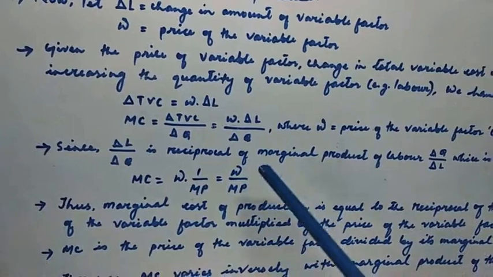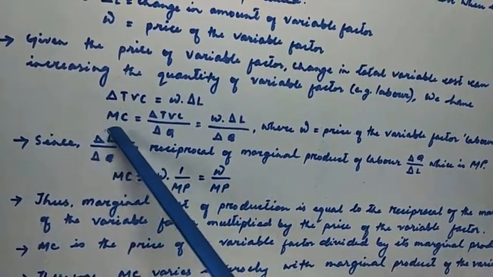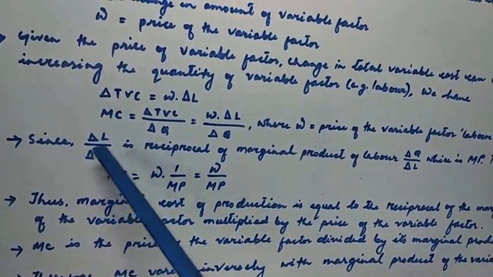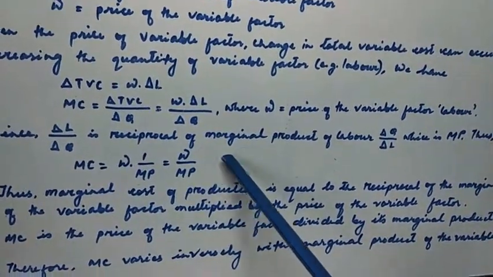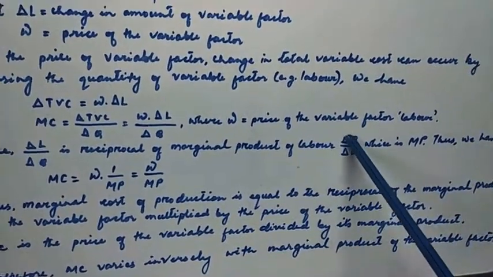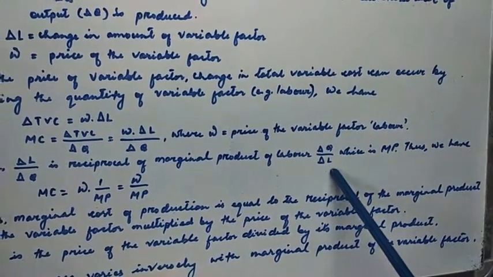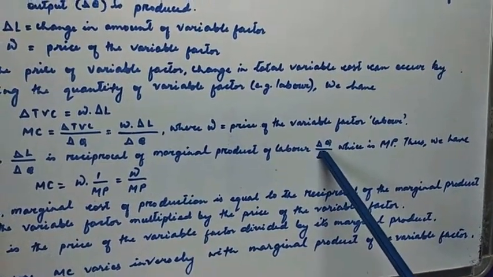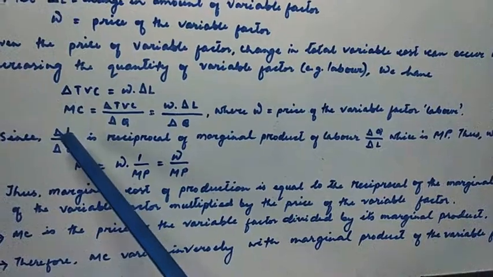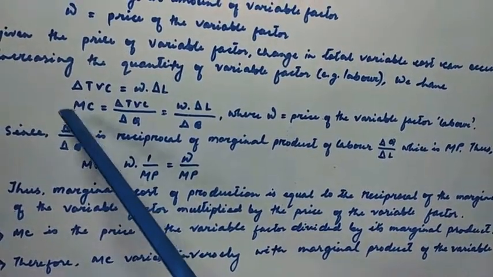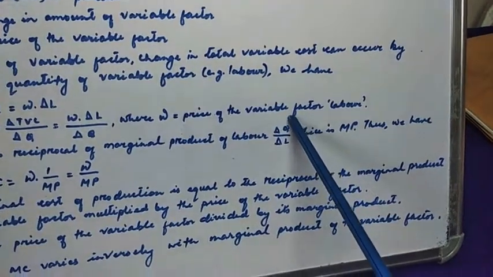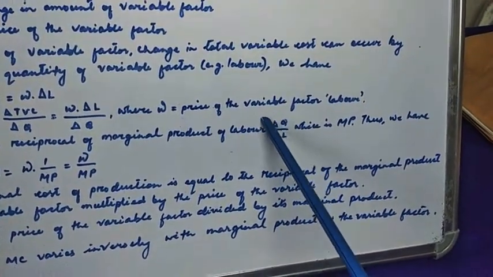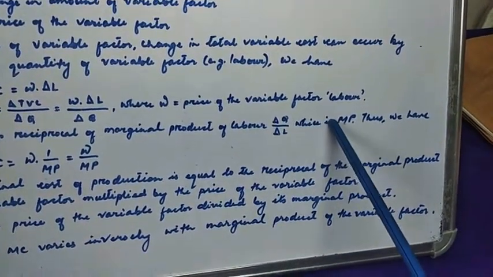Again, this delta L divided by delta Q is the reciprocal of the marginal product of labor. The marginal product of labor is given by delta Q divided by delta L, and this happens to be its reciprocal. For the marginal product of labor, we just write MP.